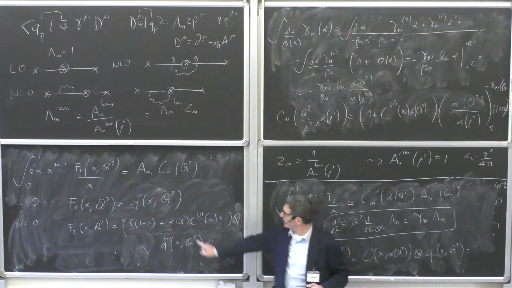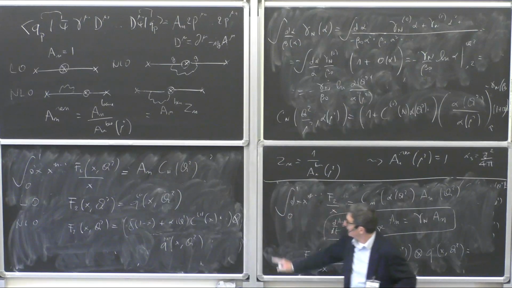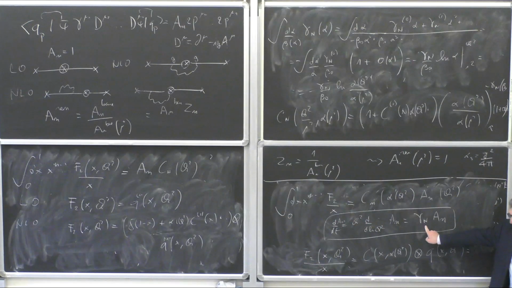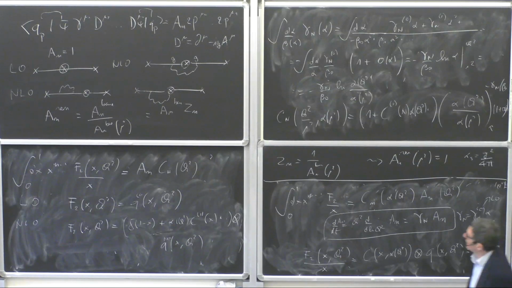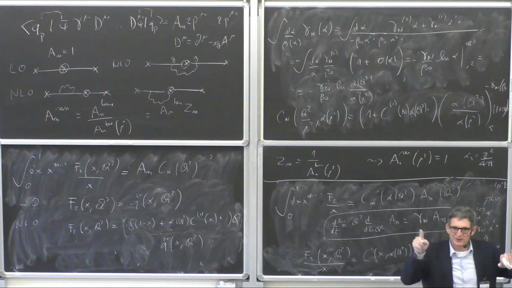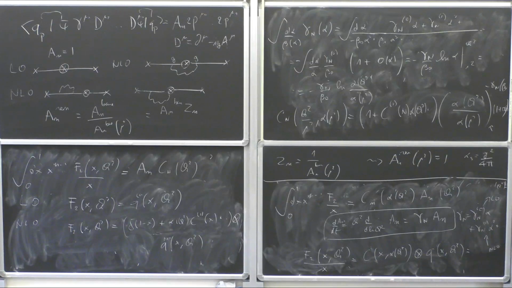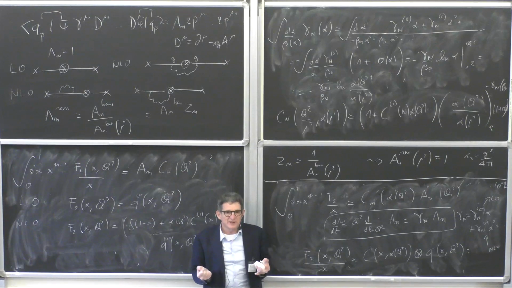What's the difference between q leading order and q next to leading order? They both satisfy this equation, but remember, gamma_n is equal to gamma_n0 alpha plus gamma_n1 alpha squared plus dot dot dot. This is leading order. This is next to leading order, and so on. And likewise, in the beta function, beta_0 is leading order, beta_1 is next to leading order, and so on. So the upshot of all this is that the scale dependence of the PDF already starts at leading order.